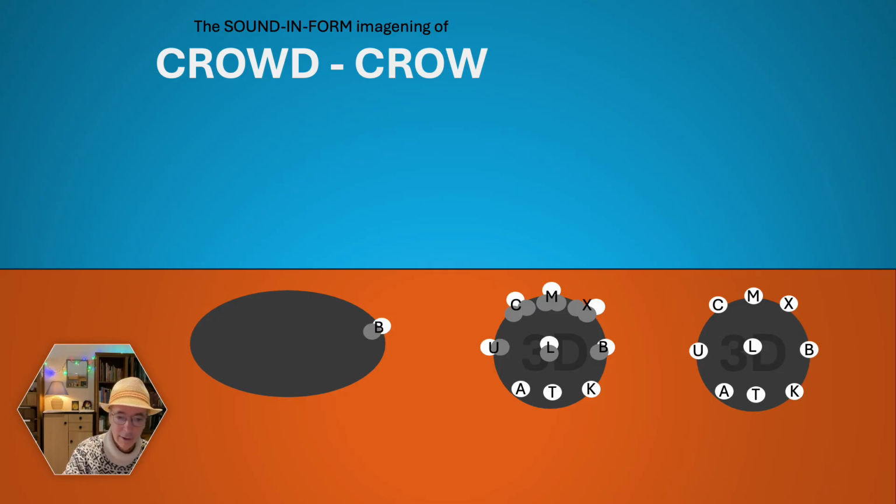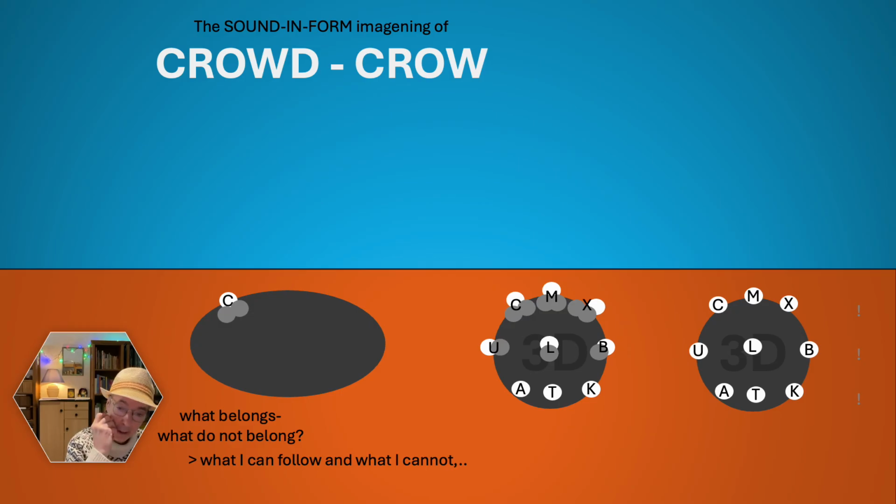And then when we come to C, we have the three focuses, which also say, okay, something is seeing the things almost from outside the object, and seeing what belongs to it and what does not belong to it, and what you can follow there, what you cannot follow there.